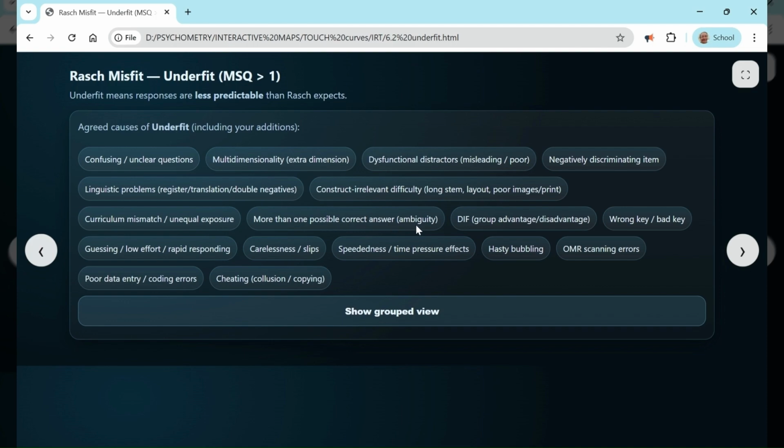More than one possible correct answer, ambiguous question. Or DIF, which is differential item functioning, which prefers females to males, or some socioeconomic groups, or geographical location, or racial. Wrong key. Wrong key also can cause bad key. Guessing sometimes, low effort, carelessness.